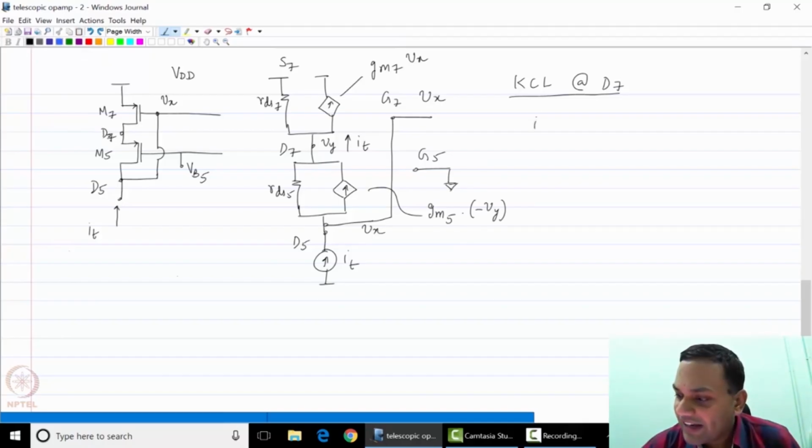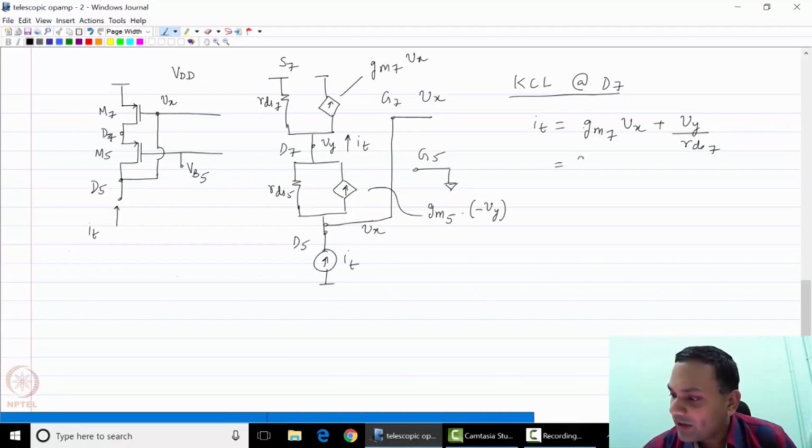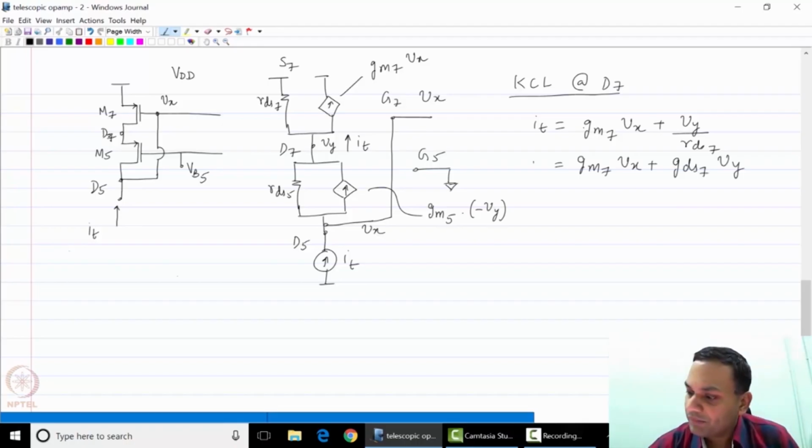So It is equal to Gm7 Vx plus Vy over RDS7, and we will now write this as Gm7 Vx plus GDS7 Vy.